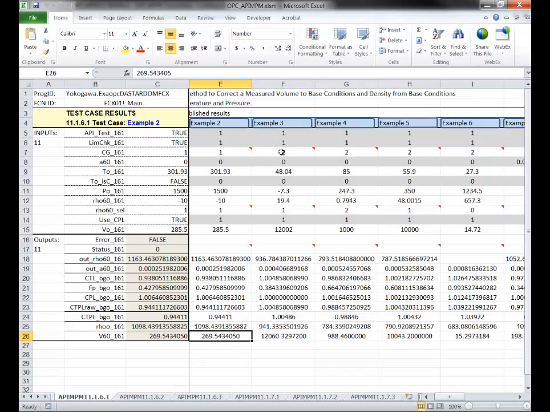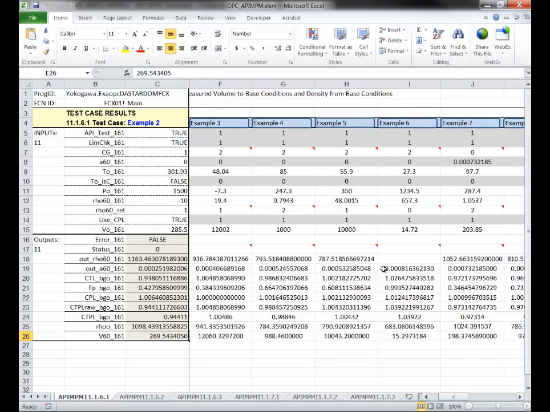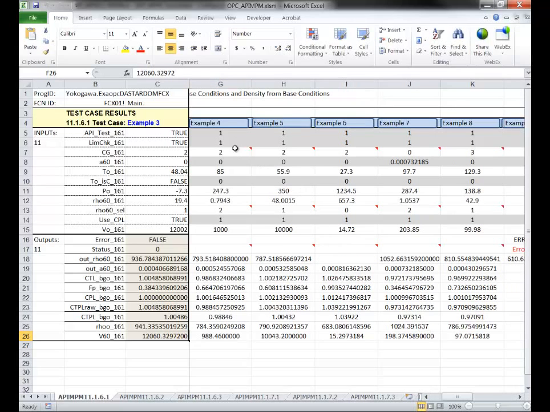Then we can go to example 3 and do the same thing. Okay, I'll go ahead and go to the next one. I have several of these to do, and I'll do all of these one at a time, so you can be comfortable that all our algorithms match for all the test cases that are in the API standard.